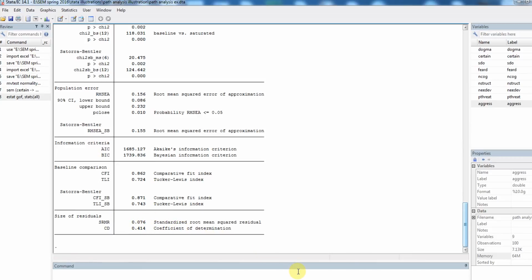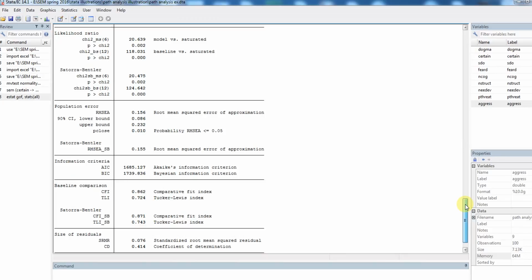Nevertheless, you can see also that the same general conclusion would have been observed had we just utilized the standard chi-square test, the standard RMSEA, the standard CFI and TLI, and obviously the standardized root mean squared residual. But again, there can be cases where this adjustment is more pronounced, and so you can end up with different conclusions between the normal theory method and the Satorra Bentler method.